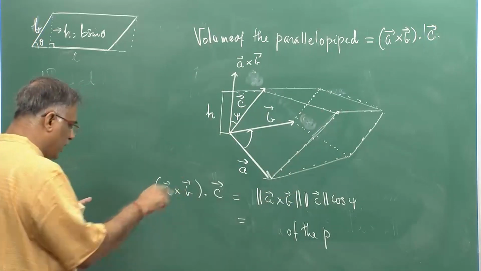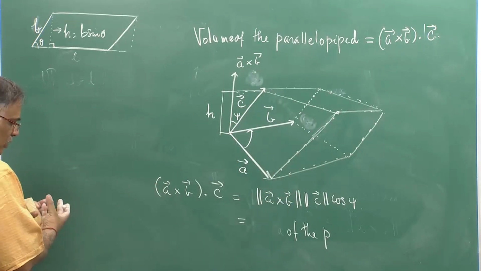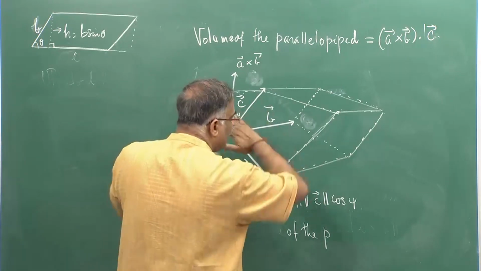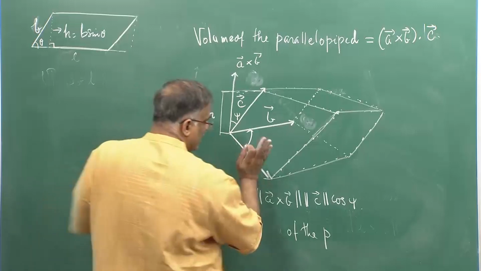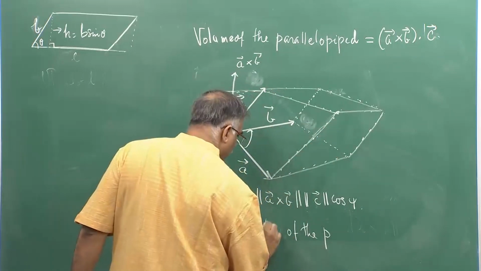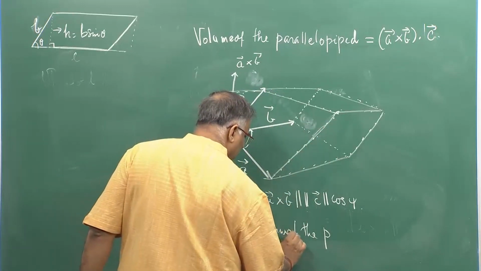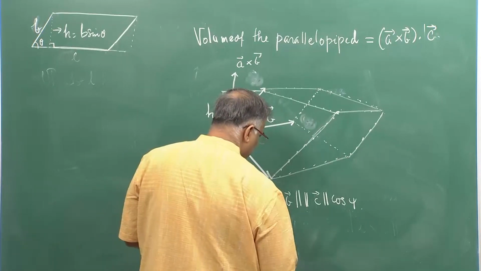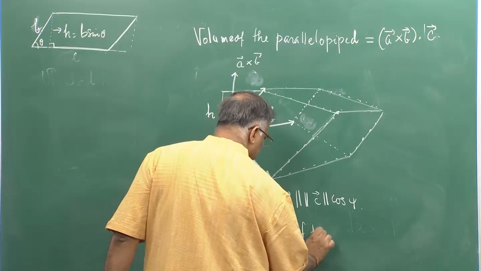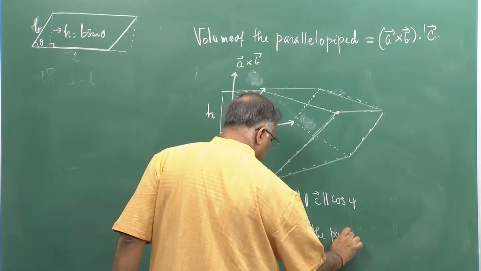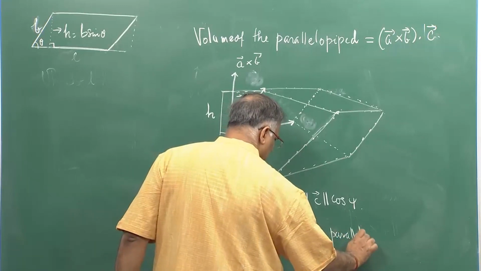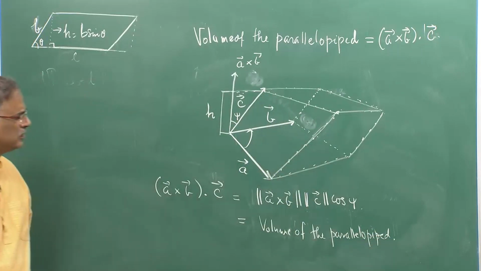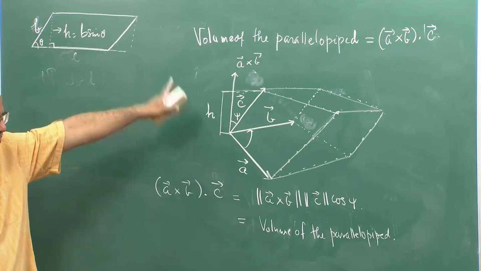That rectangular parallelepiped has the same volume as this slanting parallelepiped. So this is the volume of the parallelepiped.